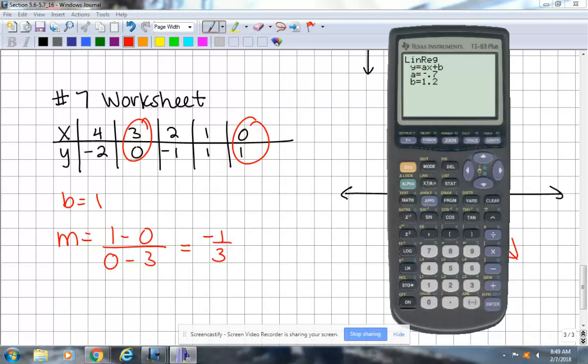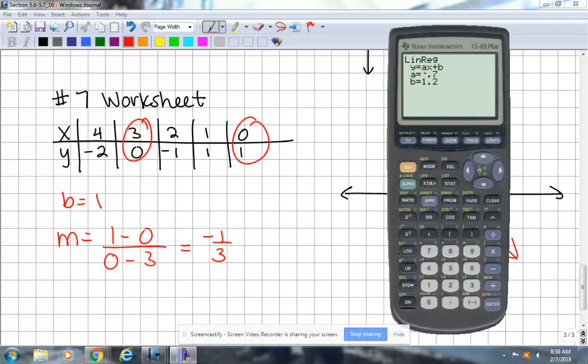Yeah, the 84s make you hit calculate, then it should work. It just has extra stuff in it, that's okay. If you want to.